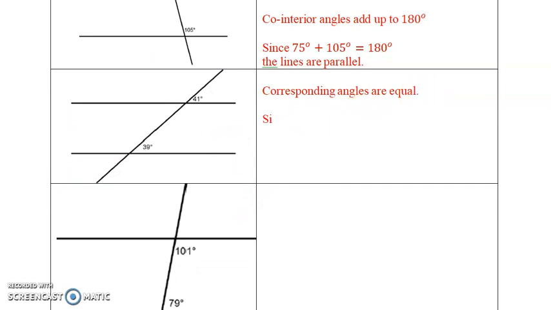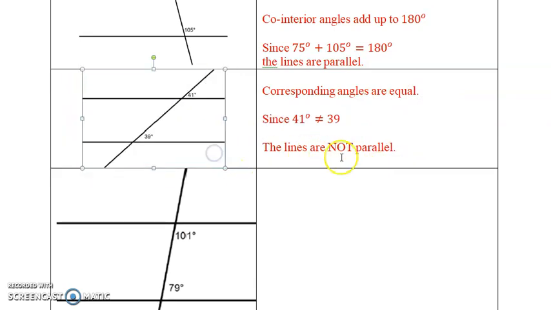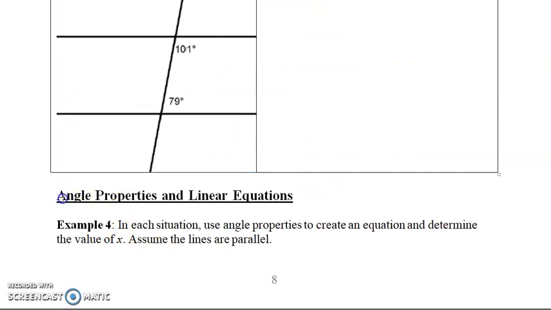So since 41 degrees is not equal to 39 degrees, the lines are not parallel. These two angles have to be equal if the corresponding angles are equal. So since they're not equal, the lines are not parallel. So that's your justification there.